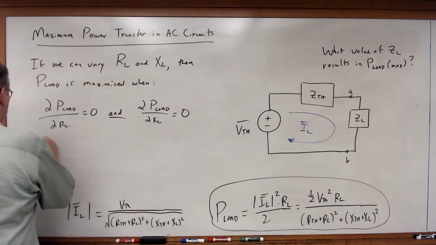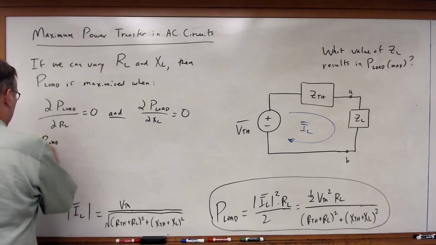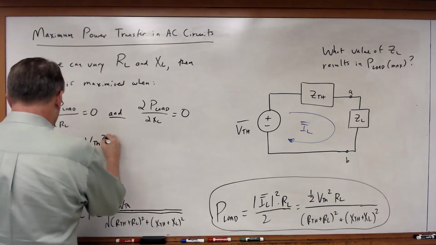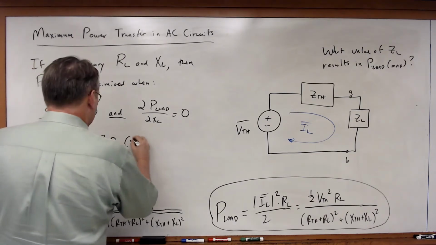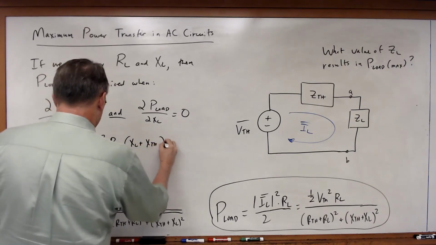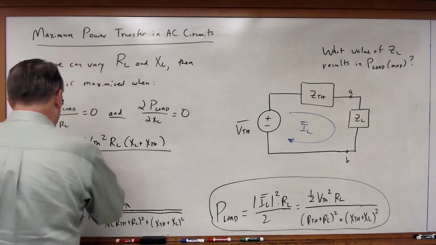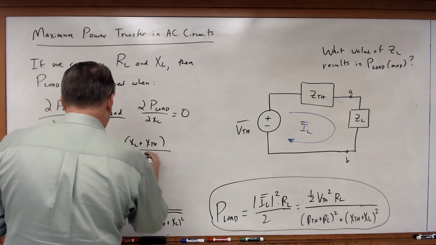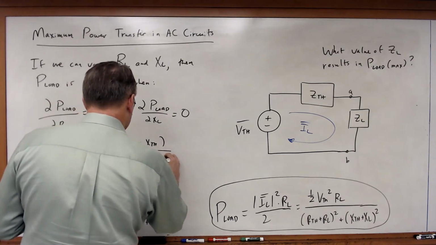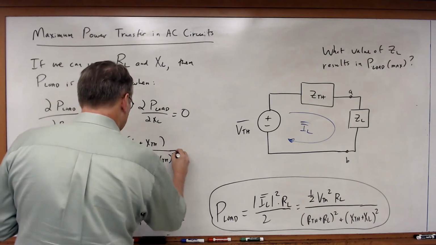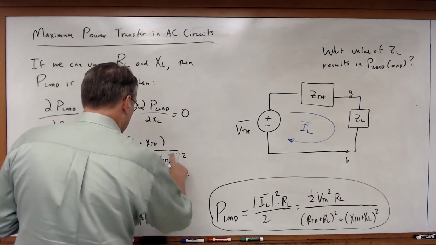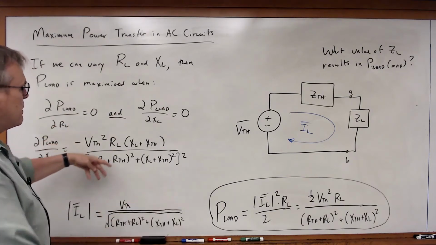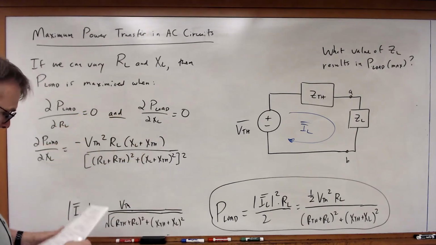If we do that, this will be equal to minus VTH squared times RL times (XL plus XTH), divided by (RL plus RTH) squared plus (XL plus XTH) squared, and then that entire term is squared. I haven't bothered to go through and do all the steps of the derivative. I'm just assuming we can take that derivative, and I've just given you the result.